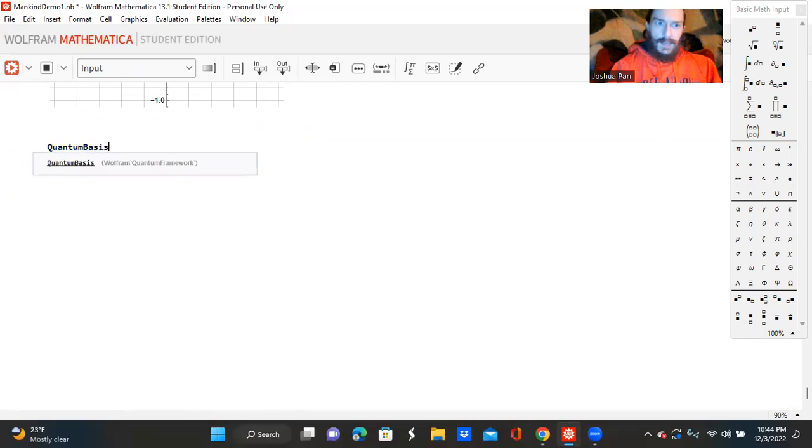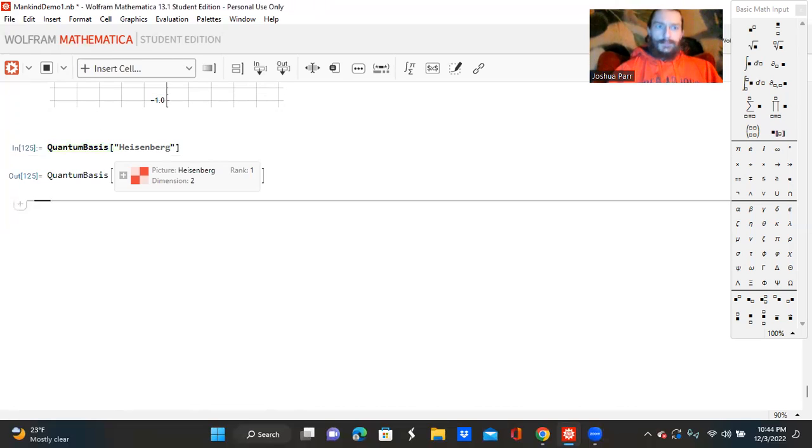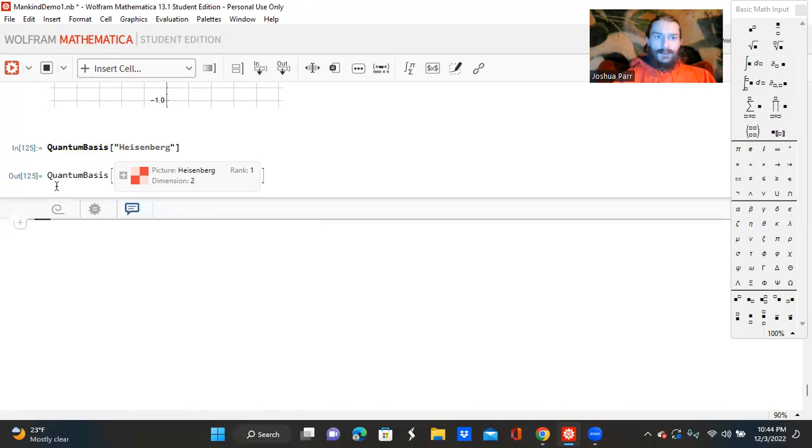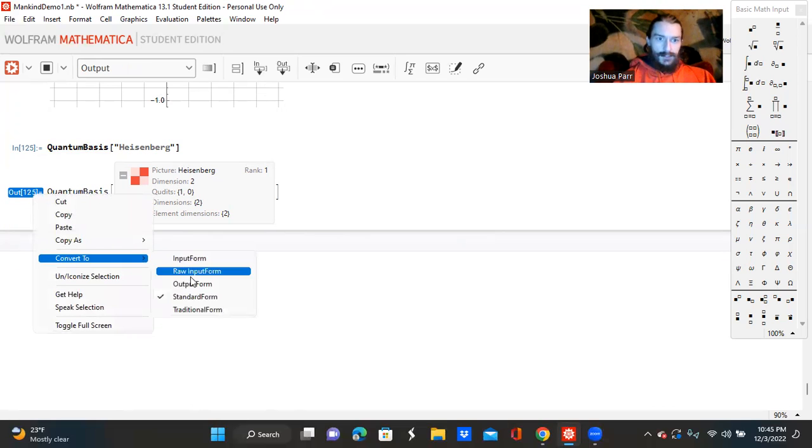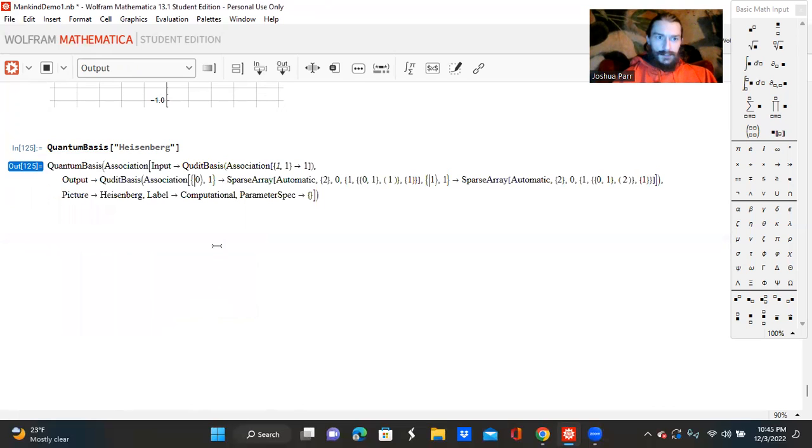So let's say I have this quantum basis here, and I'm going to make it a Heisenberg. And what that did is create a quantum basis. It has one qubit, and it's two-dimensional. And convert this to the traditional form.